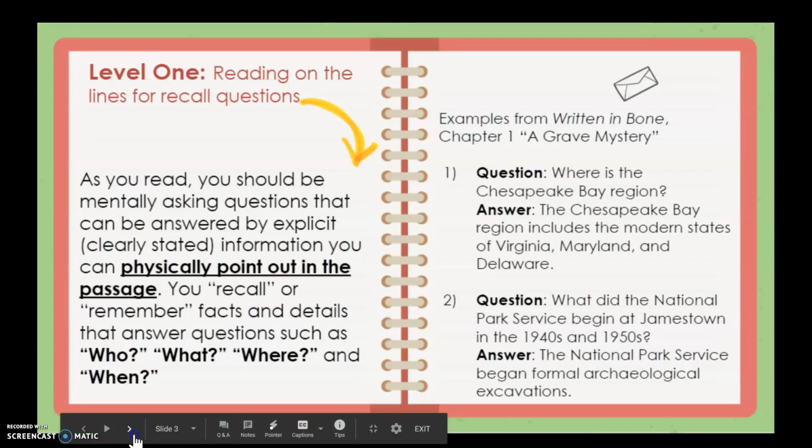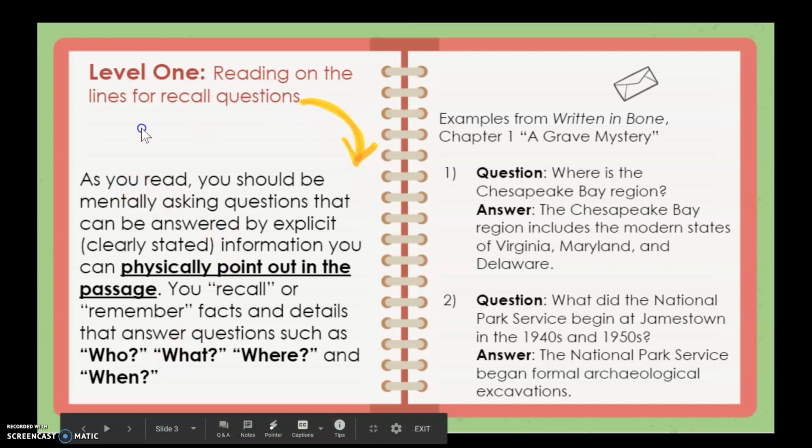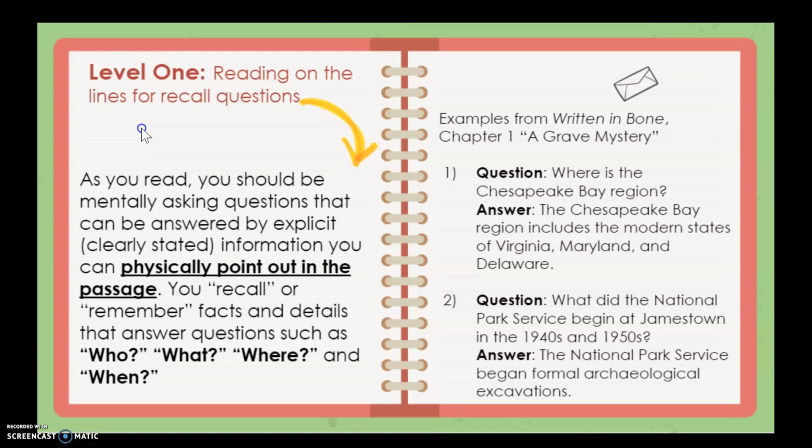Level 1 means that you are reading on the lines for recall questions. Recall means that you can remember facts and details. As you read, you should be mentally asking yourself questions that you can answer by explicit information.